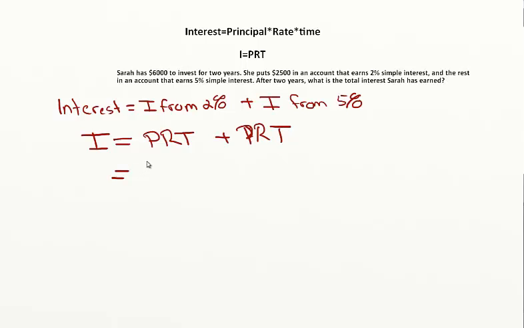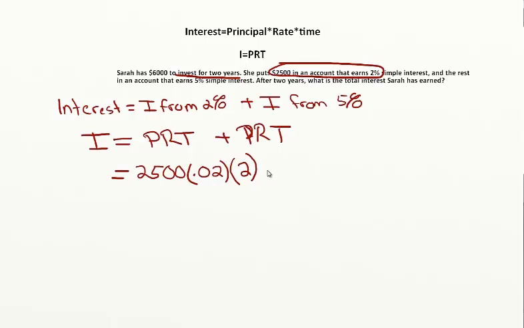So let's see what that is. So in the 2% account, she puts $2,500 in that account. So our principal, our original amount, is $2,500. Then that account earns 2% simple interest. So that's going to be 0.02 for our rate. And she's investing for 2 years. So that's times our time, which is 2 years.